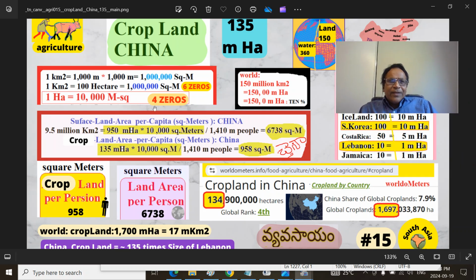Now the surface land area per capita: how many square meters of land is present per person in China? Remember, China has 9.5 million square kilometers, nearly 10, but actually 9.5. If you multiply by 100, that becomes hectares: 950 million hectares.